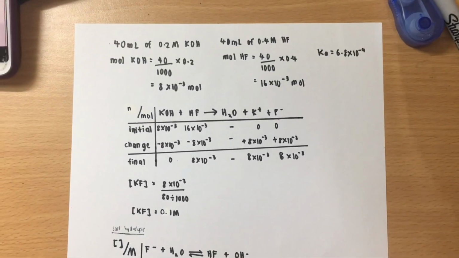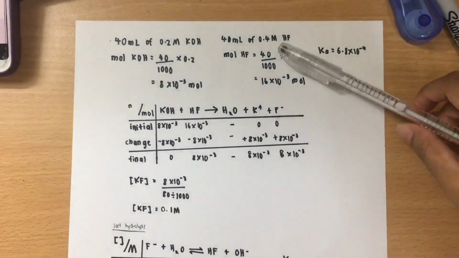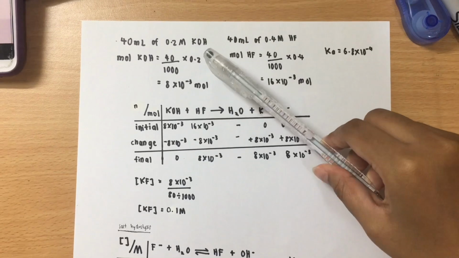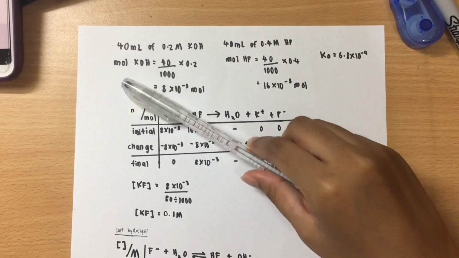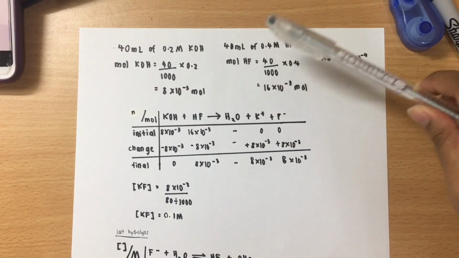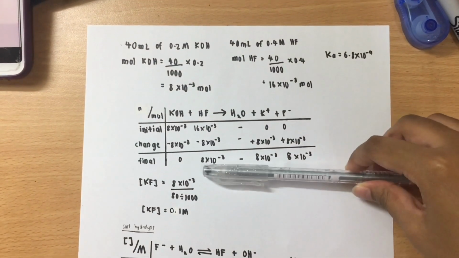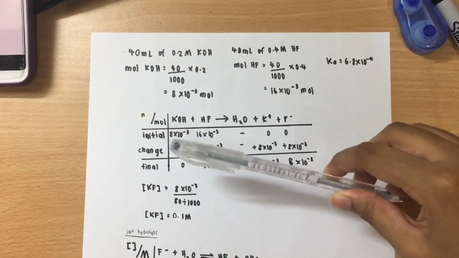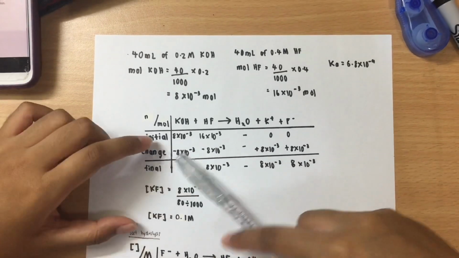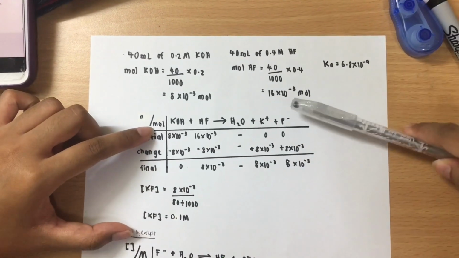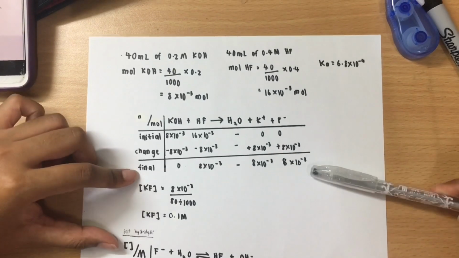So we have to titrate 40 milliliters of HF into 40 milliliters of KOH. We calculate the moles of KOH and moles of HF, and then use the ICE table and the ICF table, which uses the number of moles to get the final number of moles.